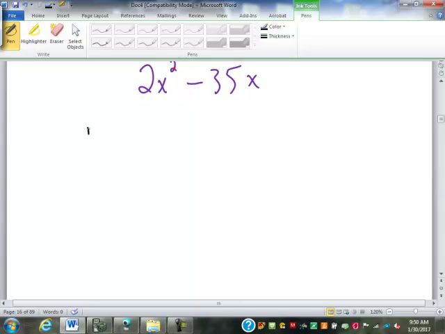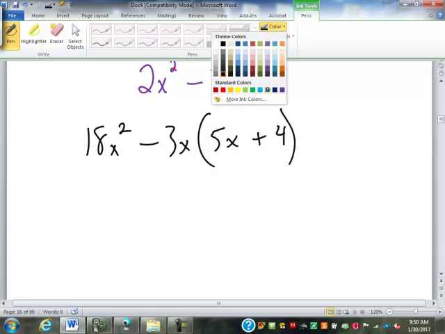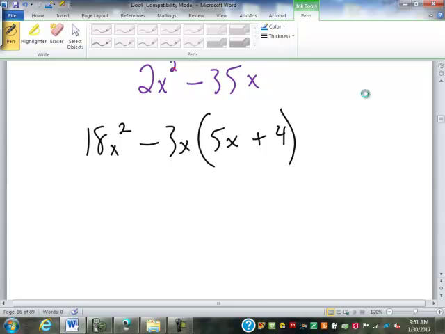Oh, we might have 18x squared minus 3x times 5x plus 4. So here again, we see the parentheses, and the parentheses should always tell us do something here first. Is there anything to do inside that set of parentheses? No. Now I'm going to point out here that there are two types of parentheses. There is the parentheses that's an enclosing symbol in our order of operations where we have to do everything inside of it first.